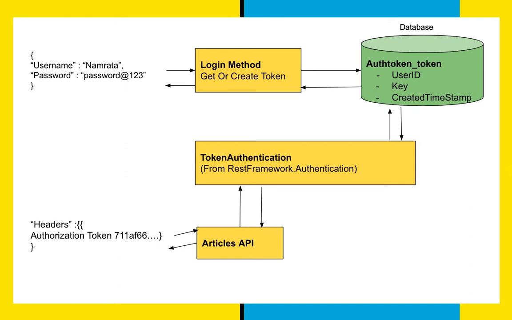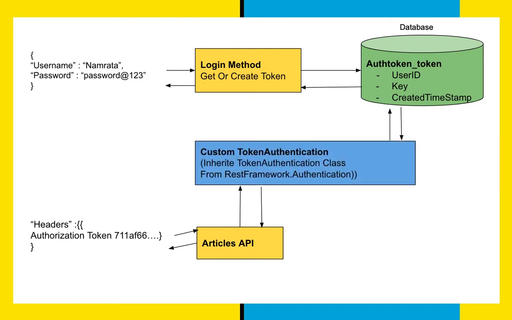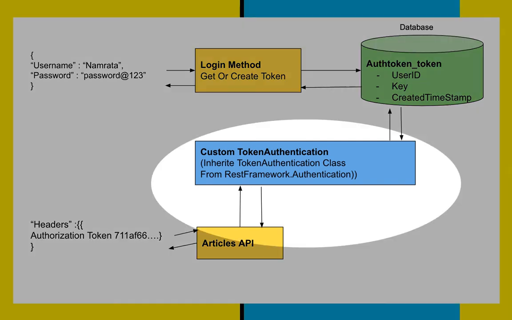For this we need to add some code. We need to create our own custom token authentication class which will have all the functionality of the token authentication class and also the additional functionality of token expiration. Here we can write our own logic. When we check for the token in the database, we also need to check its timestamp.